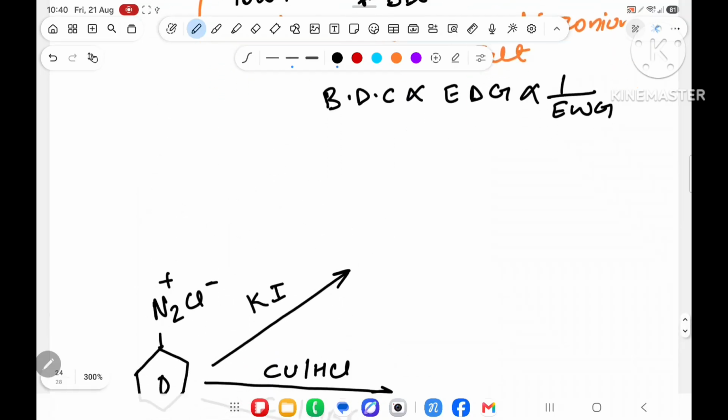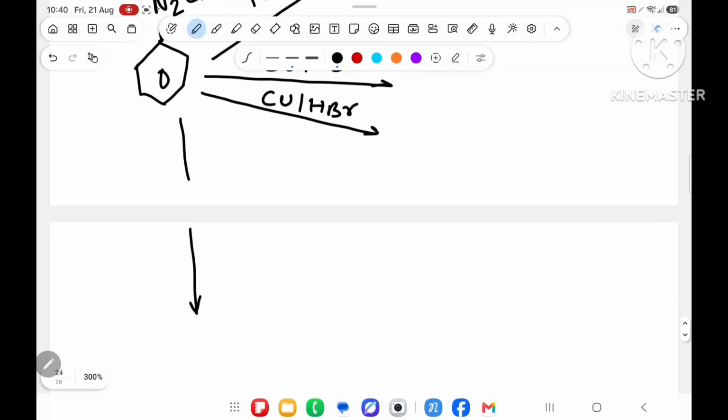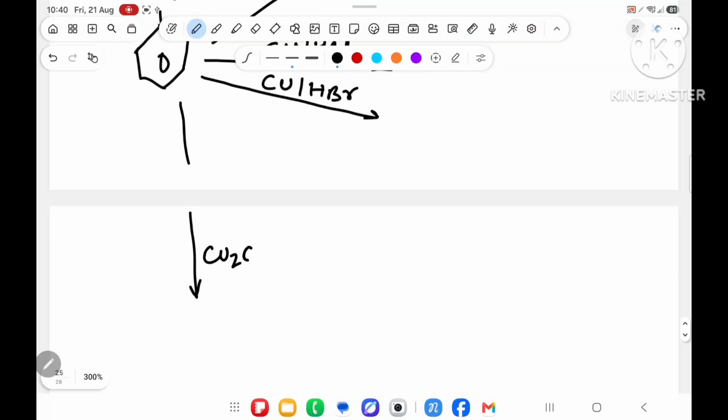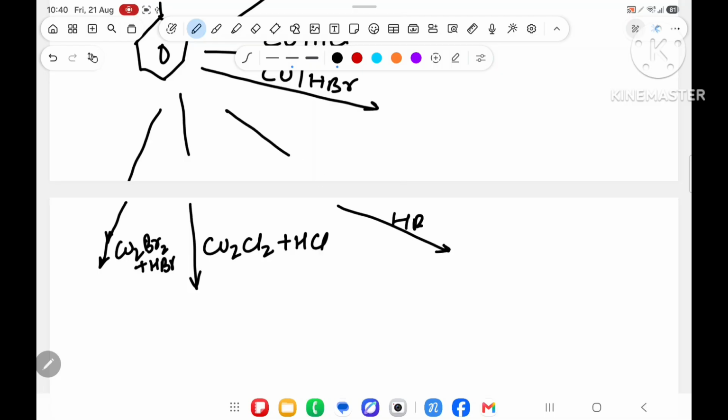This reacts with Cu2Cl2 in presence of HCl. This reacts with Cu2Br2 in presence of HBr. This reacts with HBF4 in presence of heat. First reagent HBF4, second reagent heat.